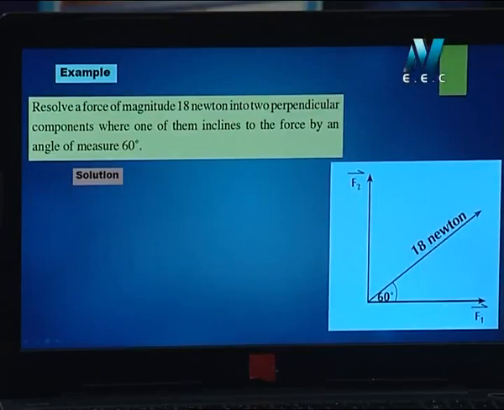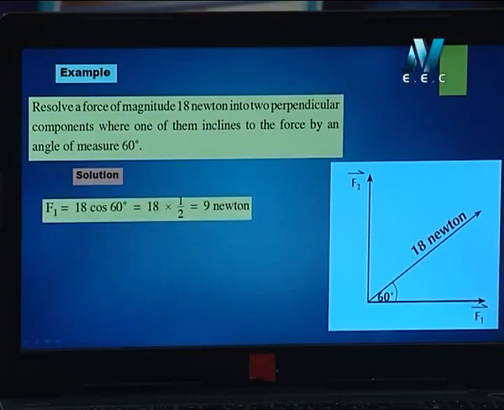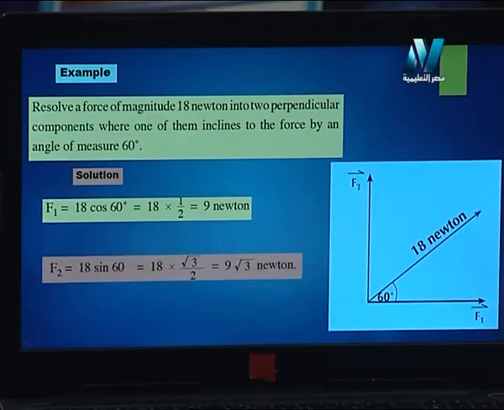The force here equals 18, and we would like to resolve it into F1 and F2. Here, as we said, F1 equals 18 cosine 60, but there F2 will be 18 sine 60. F1 equals 18 cosine 60 equals 18 multiplied by a half equals 9 newtons. F2 equals 18 sine 60 equals 18 multiplied by root 3 over 2 equals 9 root 3 newtons.